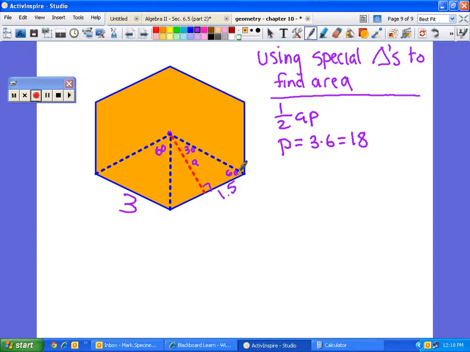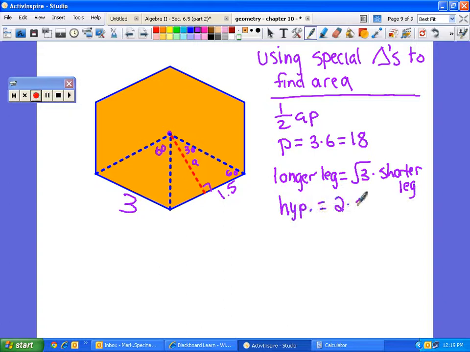So now we're going to use those ratios. Does anyone remember the ratio or the little equation that you can use? Here are the 2 equations that you need to know. The longer leg is equal to the square root of 3 times the shorter leg. And the hypotenuse is 2 times the shorter. Very good.